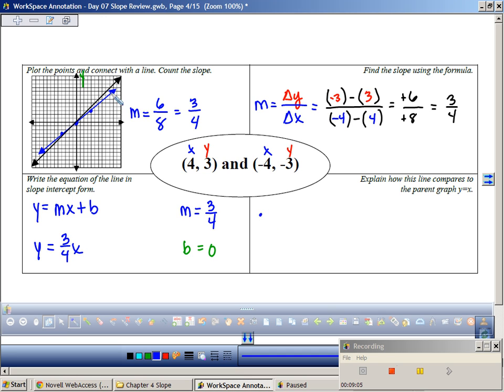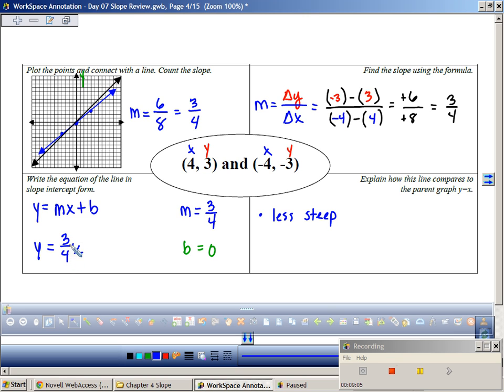Johnny, what happened from my parent graph? What type of transformation happened? Less steep. Johnny, this is kind of a hard question, a little bit abstract. Can you tell me by how much? Okay, you think, because it says 3/4?